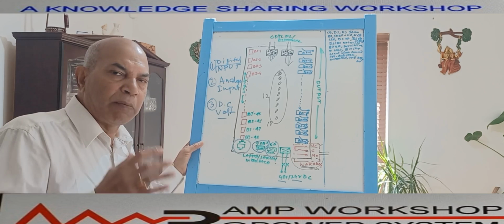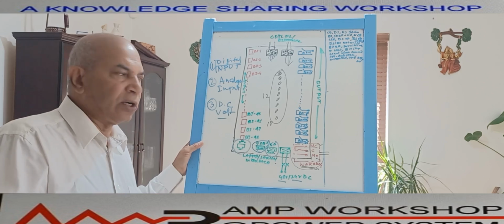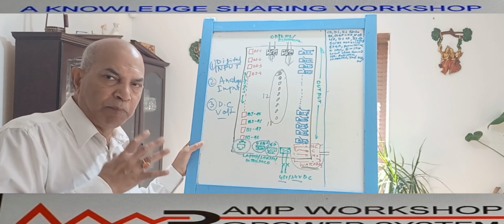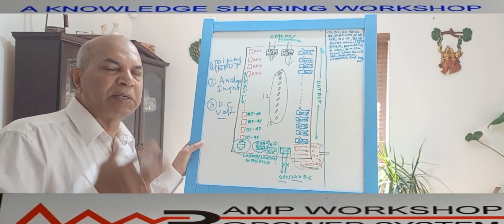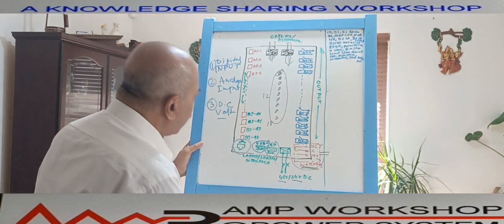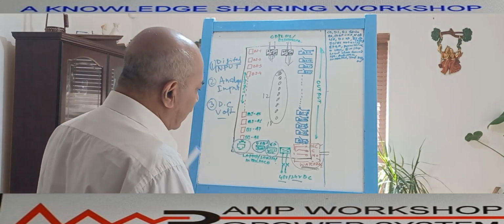But when you look into the control and interlock function, then the digital input and digital output are important. The main function of the relay is to protect the circuit, that is the protection function. When we go to the protection function, the most important part is the analog input part.